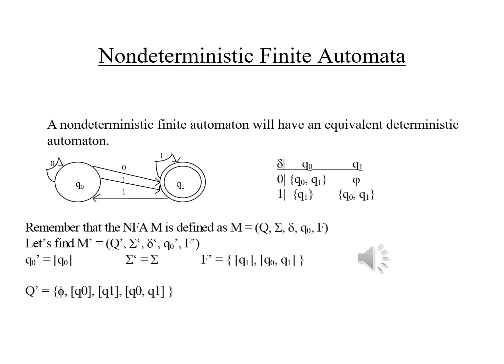The alphabet is the same. I now have 2 final states, Q1 by itself, but also Q1 and Q0 together because Q1 is a final state. My set of states must now include something equivalent to the empty set, as well as the 2 original states by themselves and together.